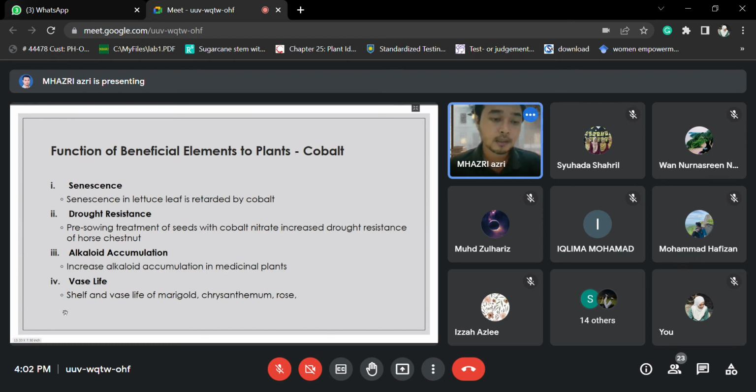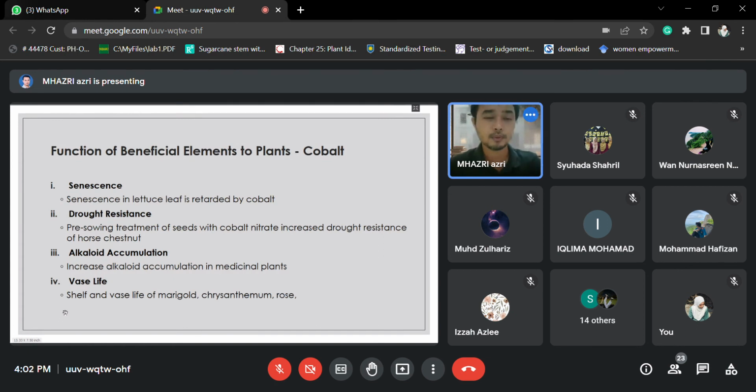Okay. Apart from that, cobalt also can enhance atau increase the vase life. Okay, ini adalah untuk horticulture industry. So, kita ada pokok chrysanthemum, ada marigold, rose yang digunakan ataupun diimport ke luar negara kadang-kadang. Okay.